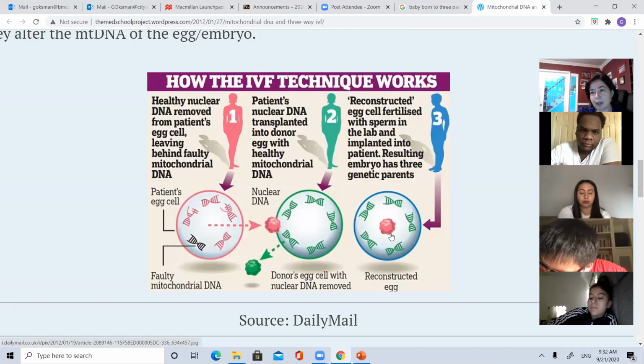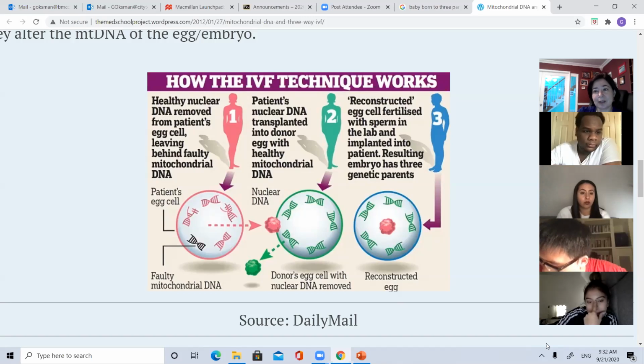But what really matters is that the child won't have a genetic disease associated with faulty mitochondrial DNA. That's the most important thing. Make sense? Guys, any questions? So it's not something like a threesome or surrogate. No, this is just pure genetic manipulation. I should say molecular biology manipulation, which is quite an advanced technique.